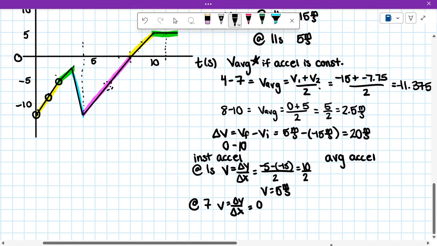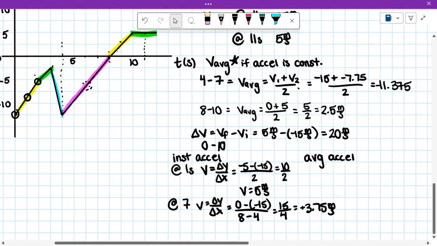So 0 minus negative 15, over 8 minus 4. So 15 in 4 is a positive 3.75 meters per second squared. So that's our instantaneous acceleration.